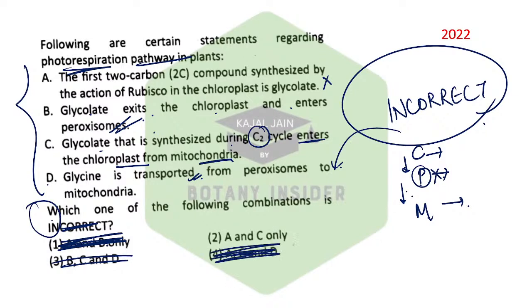So I have to eliminate this. So A and C are the incorrect options according to the information of photorespiration, but the correct answer for our question. Is it clear to all? B is the correct answer, or we can say 2 is the correct answer for this particular question.